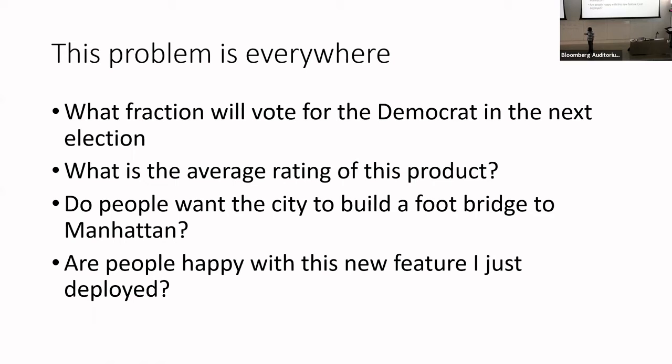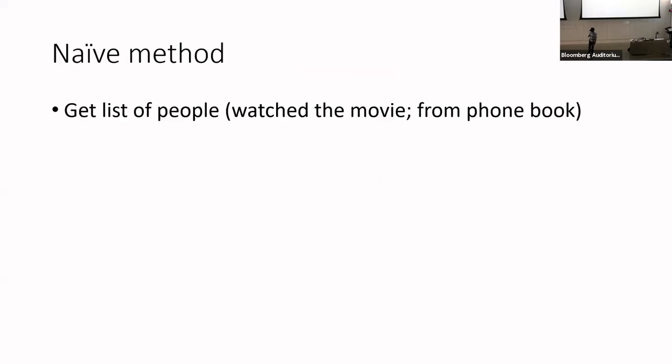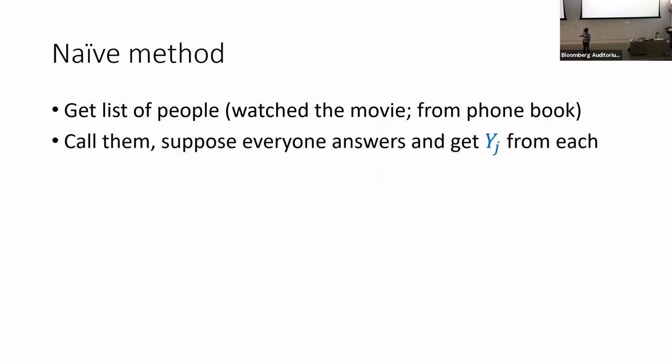Okay, so this seems like a simple enough problem, and y'all probably already know what the right thing to do is, which is I just get a list of people, like who used the product, or I just grab a bunch of random people from the phone book.